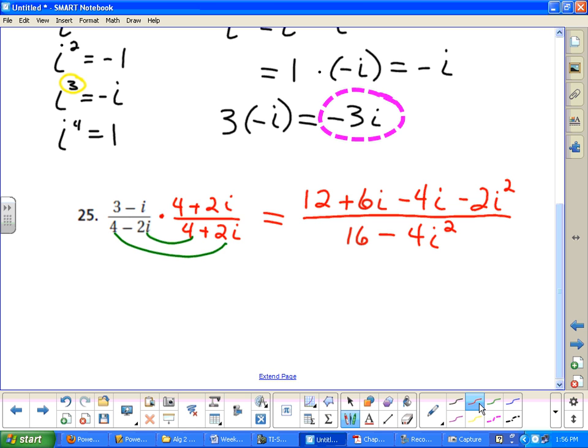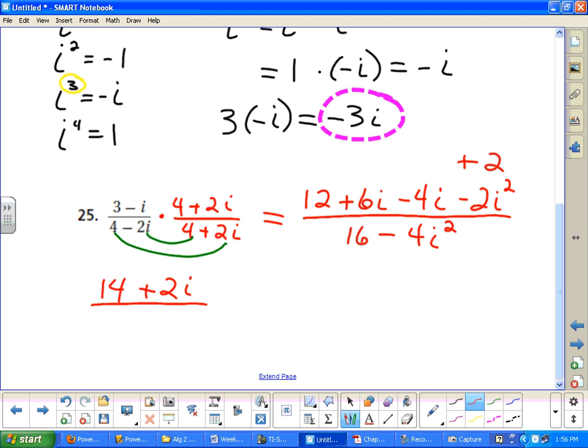So in the numerator, we have 12, and negative 2i squared is positive 2. 12 plus 2 is 14. And 6i minus 4i is 2i. What's negative 4i squared equal to? Positive 4, right?